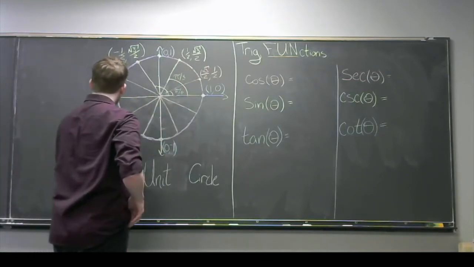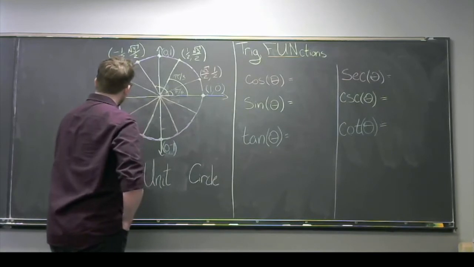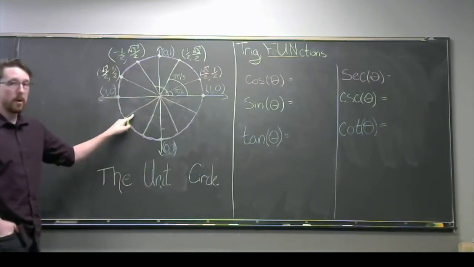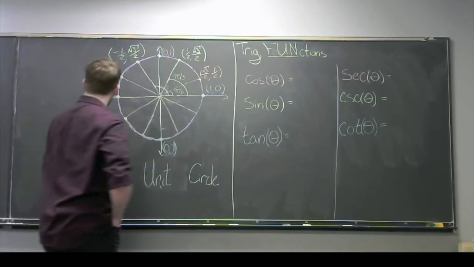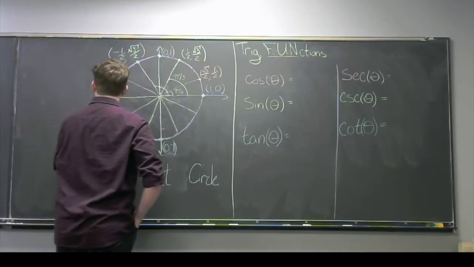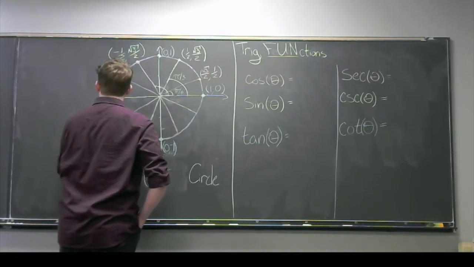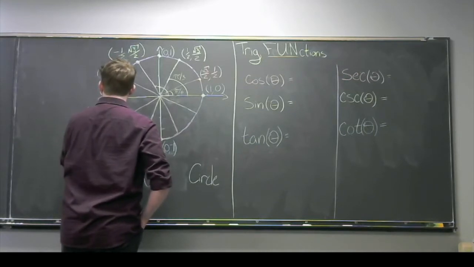So what we have at 7 pi over 6 is going to be an x value that's negative square root of 3 over 2, and a y value that's negative 1/2.